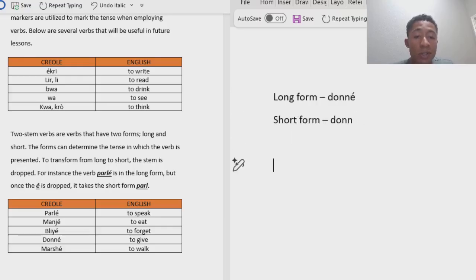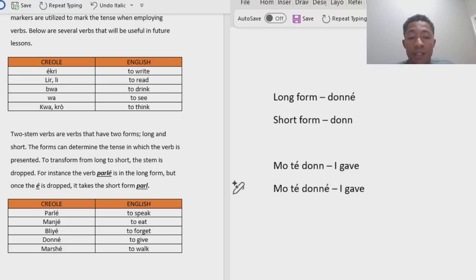You will hear folks say, mo te don, I gave, rather than mo te donné, I gave. But both of these are valid. You could say both.